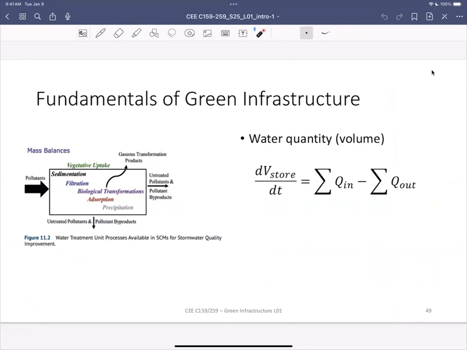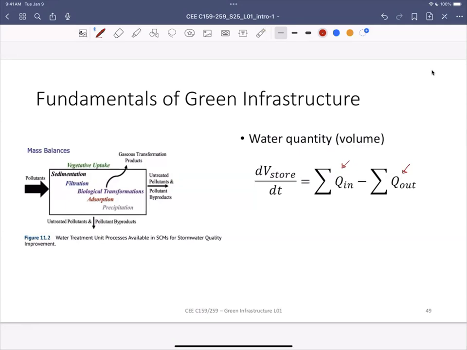Water quantity is all about storage, the amount of water that you can store. V is the volume of water that can be stored or retained in green infrastructure, and it is a function of how much water comes in and how much water is leaving the system.